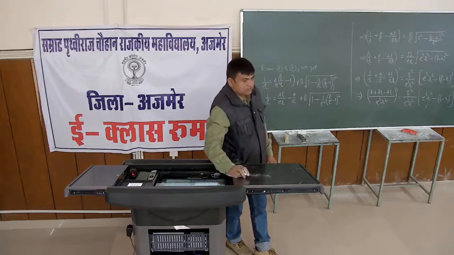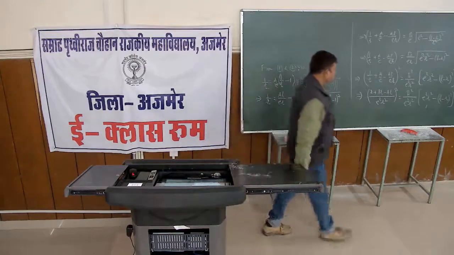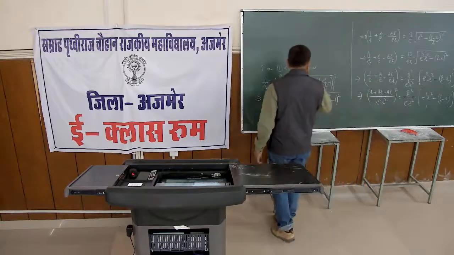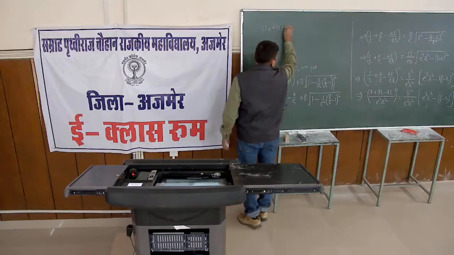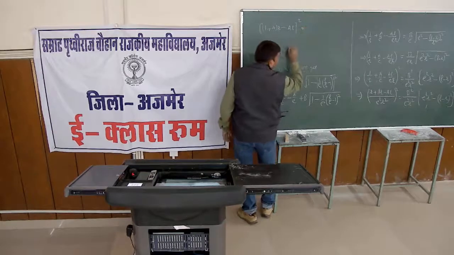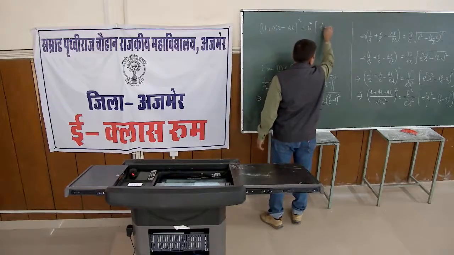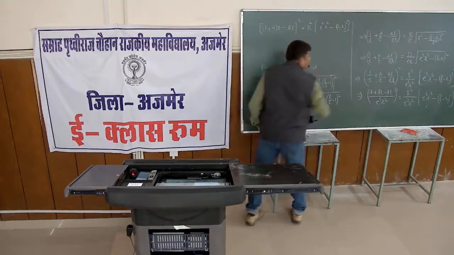E square r square is cancelled out. So here it is 1 plus a into r minus al whole square equals to b square times a square r square minus l minus r whole square.